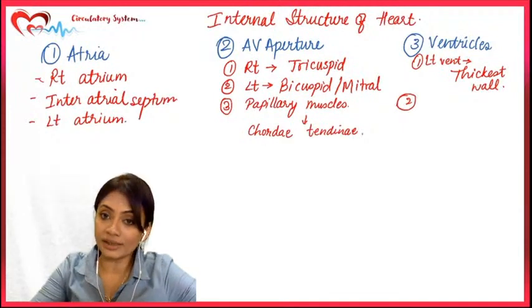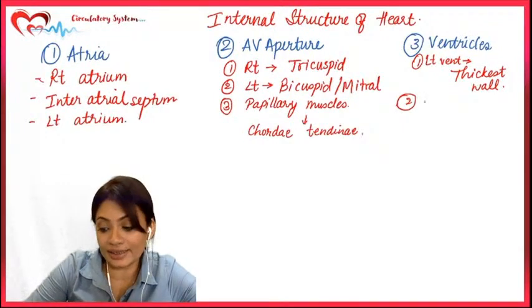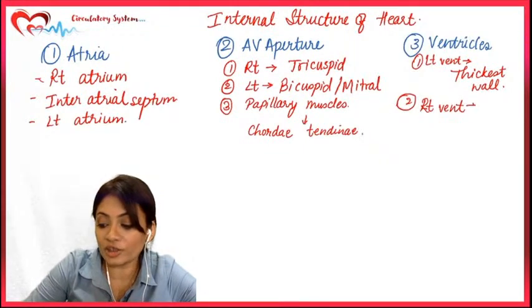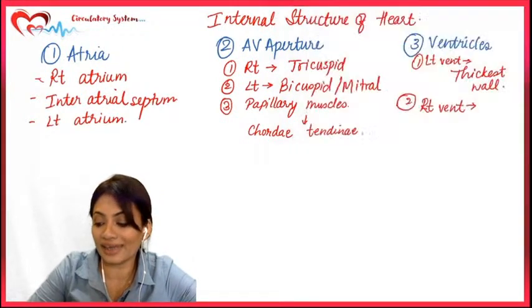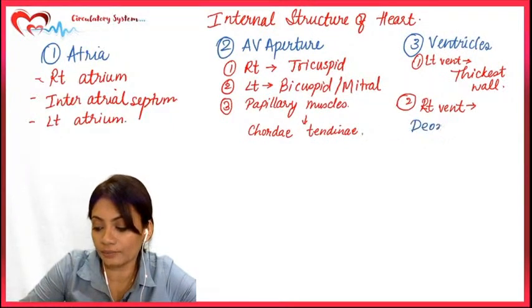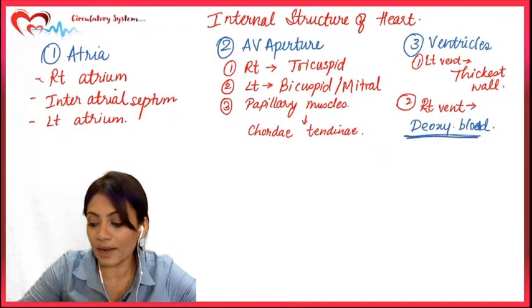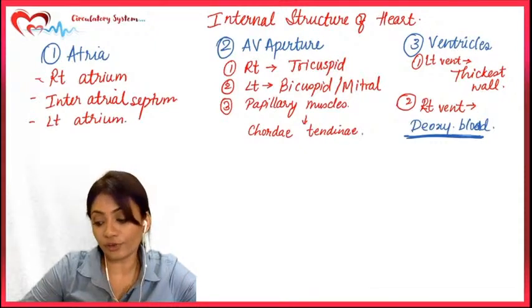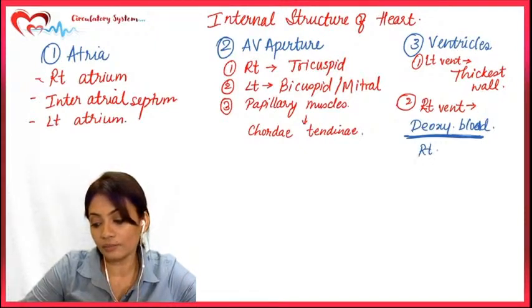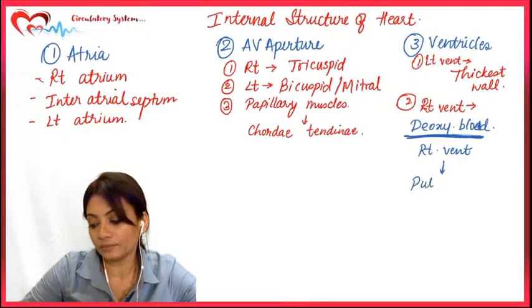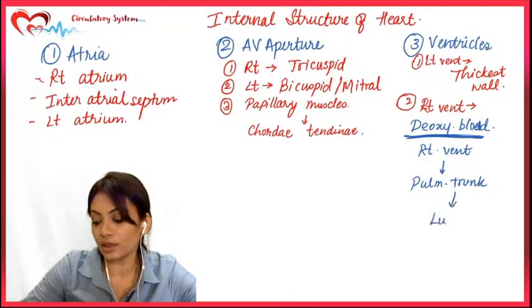Talking about the right ventricle, which blood did it have? It had deoxygenated blood. What is the pathway of deoxygenated blood? It goes from the right ventricle to the pulmonary trunk and finally is taken towards the lungs.